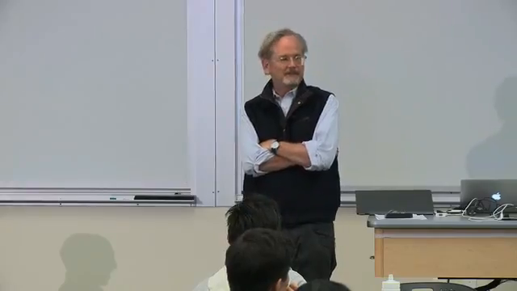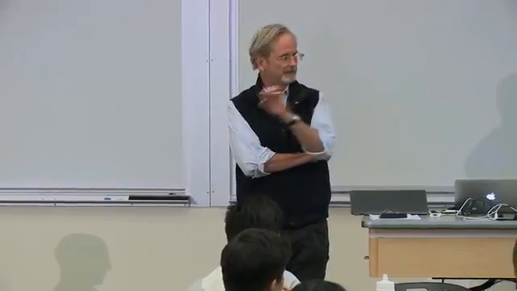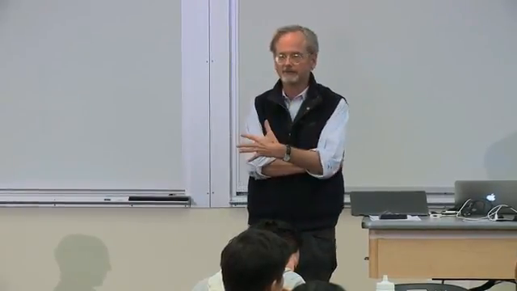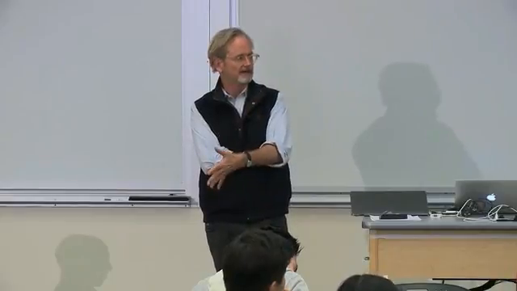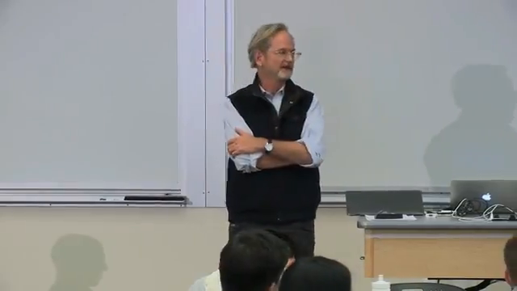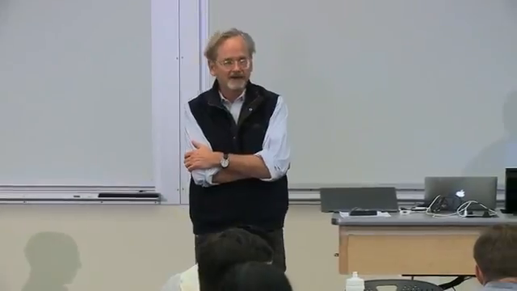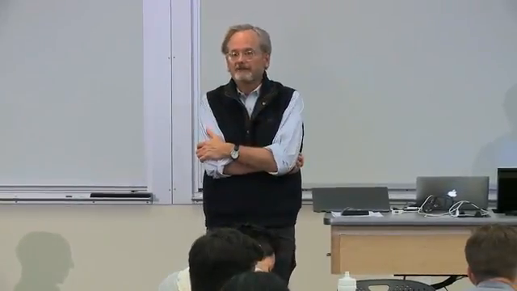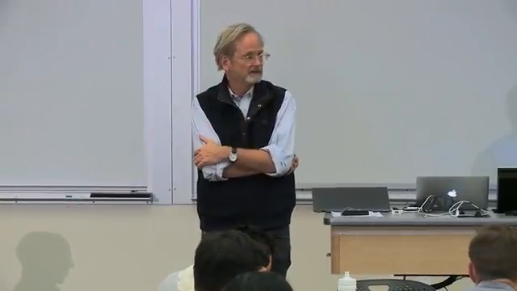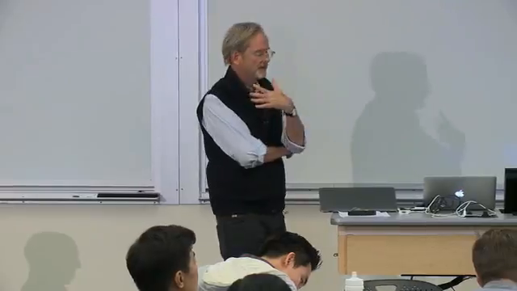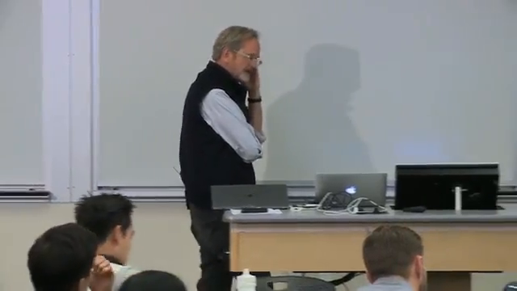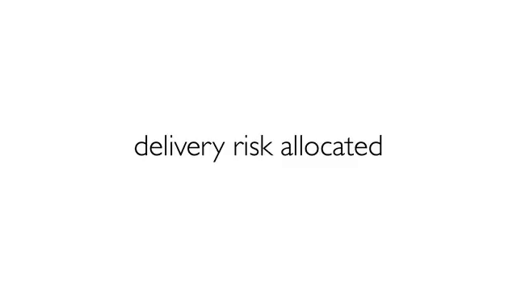What that's basically doing is it's allocating the risk of the price of corn. So if you're a farmer and you don't want to face the risk the price of corn is going to fall to $3, you enter into this contract. If you're a buyer, you accept this contract, but if the price of corn falls to $3, well, you're out of luck. So the point is, it reallocates the risk of price change, and also reallocates the risk of delivery.